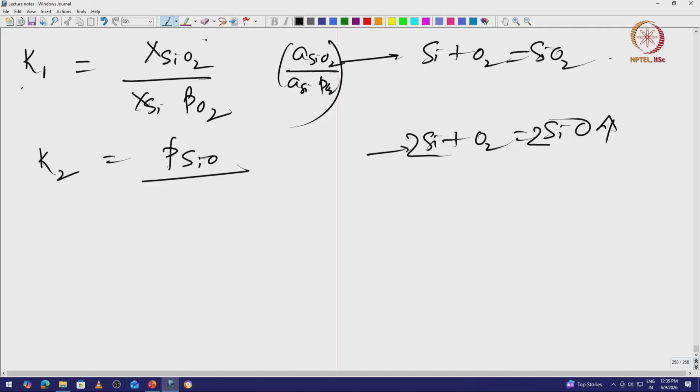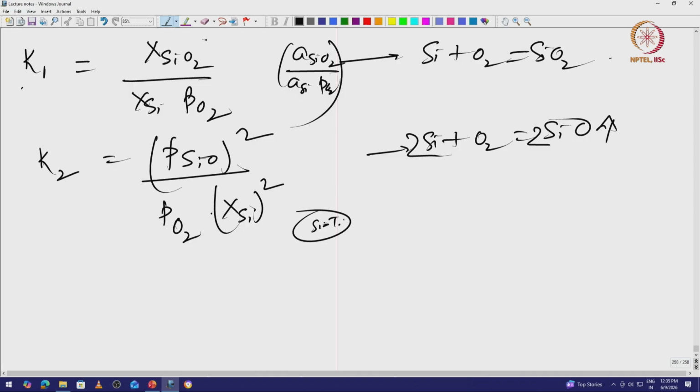So divided by PSiO whole square divided by PO2 times activity of Si square, or I am just going to write as XSi whole square, right, in a solid solution of SiTi in some sense, right. So that is how I am going to interpret this, right. So SiTi solution, or an impurity of SiTi, because Si is always contaminated with all the other impurities. So I am just going to look at the X of Si, okay.